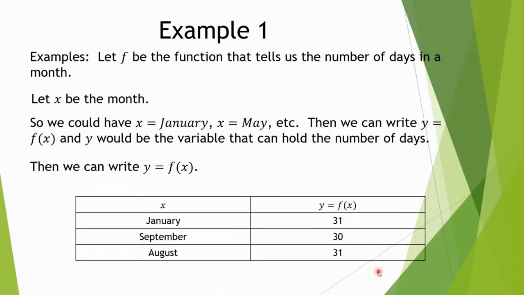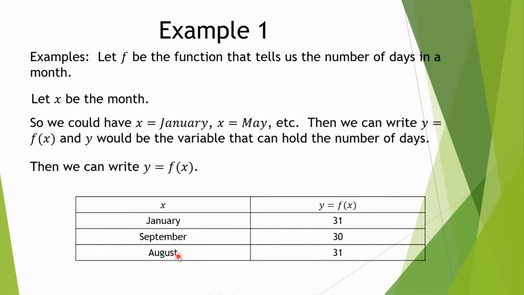Our function then tells us how many days are in each month. Here I made a table to list some of the function values. If x was January, the function would give us back 31. If September was our input, the corresponding output would be 30.